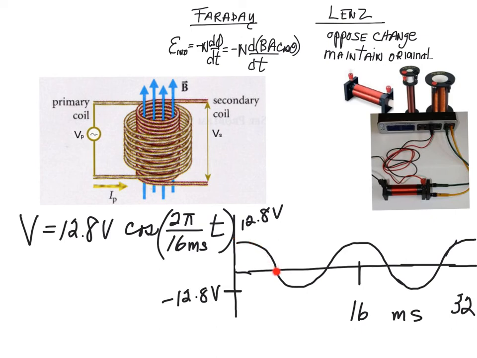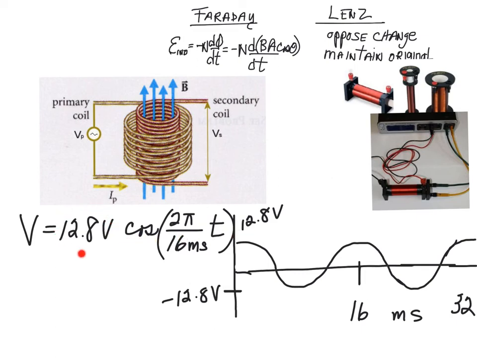And as the time goes by, after a quarter cycle, when t is equal to 4 milliseconds, this will be 1/4 of 2 pi, which is pi over 2, which is 90 degrees, which means it's 0. And then after 8 milliseconds, it will be here, and then at 16, it's completed a cycle. And then it's going to repeat every 16 milliseconds, keep repeating. So that's what this function does.